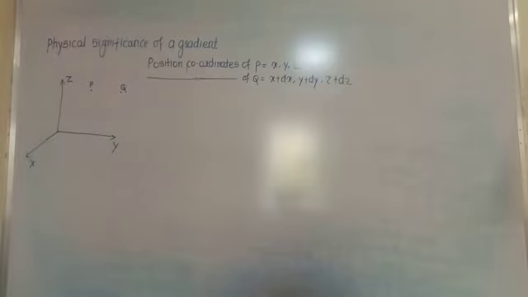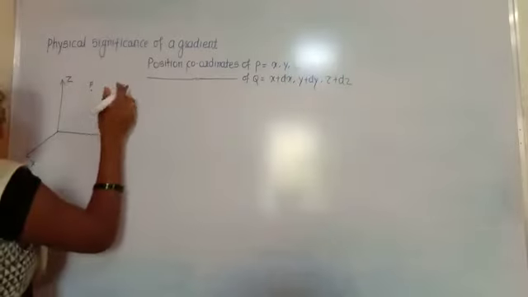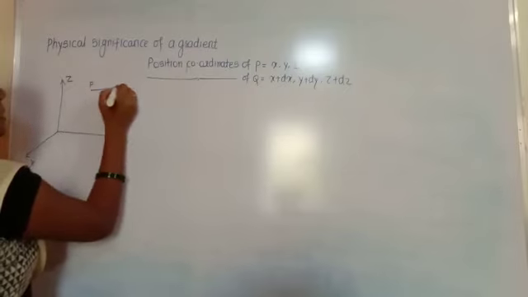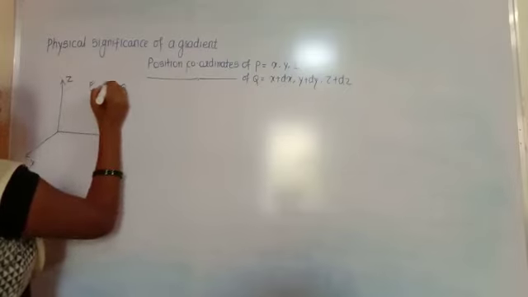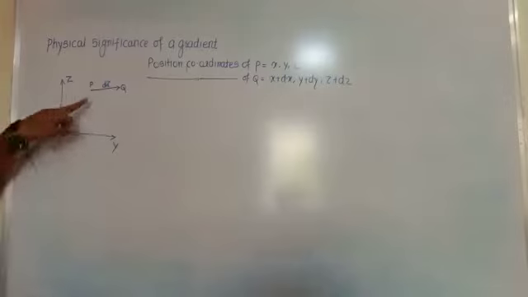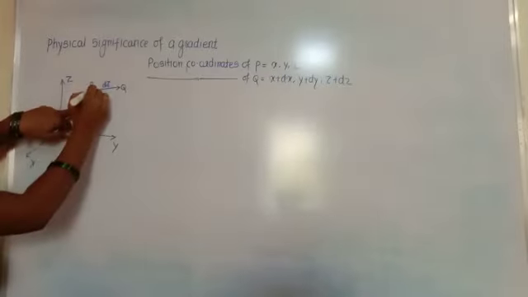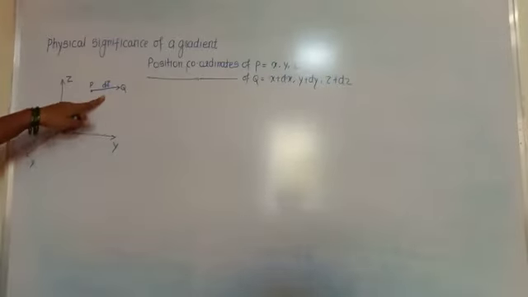Okay, so this distance is the dr, meaning the distance from P to Q. This is the position vector, so this distance is denoted by dr.